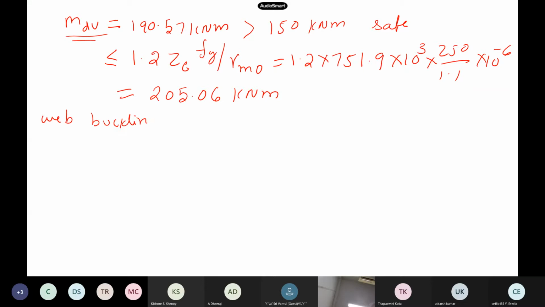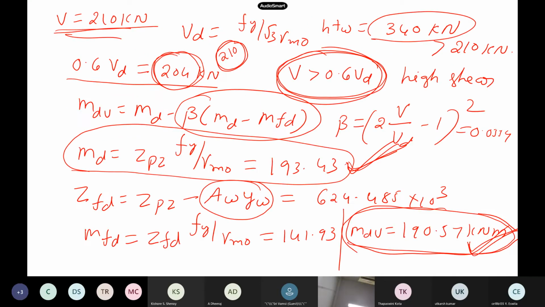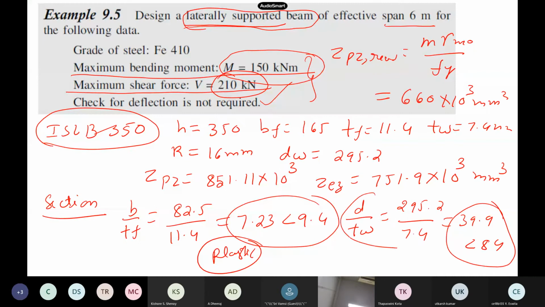See the criteria for web buckling: d by t should be less than 67 times epsilon. In this problem, when we did the section classification, your d by t was 39.9 actual, which is less than 67. So whether this web will buckle in shear buckling is possible?